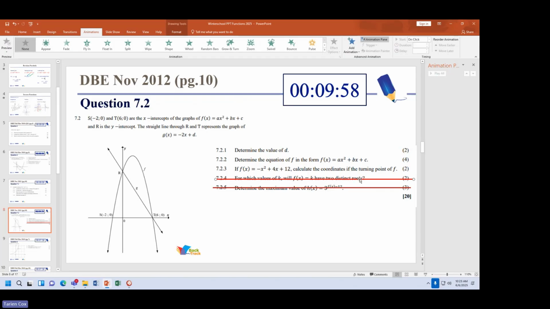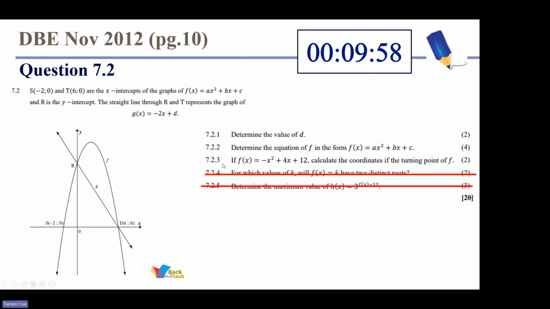Instead of 10 minutes, I might only give 8 minutes. I'll see how I feel, maybe 9. Right? So please, we will do 7.2.1, 7.2.2, and 7.2.3. So only do these 3 questions. I'm giving you about 9 minutes to complete 7.2 because we've got some reading. Good luck.